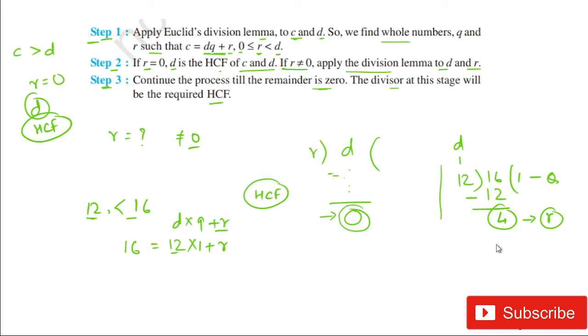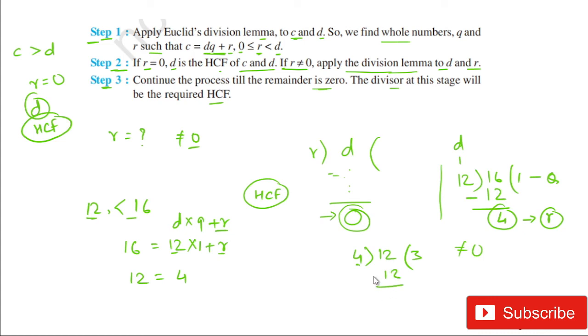So here the remainder is not equal to 0, so we'll have to process the second step. In the second step, we take the lemma with d and r. So we write 12 is equal to, now the divisor will be our remainder 4. So we again divide 12 by 4 this time. 4 times 3 is 12.